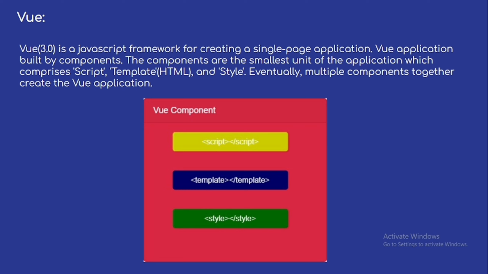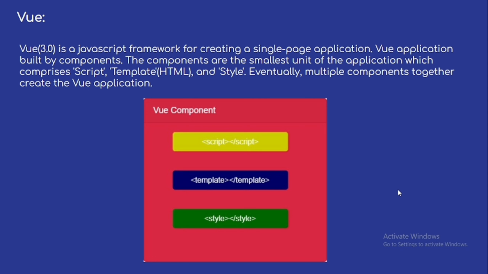Okay, Vue applications are built by components. Components are the smallest unit of an application, which comprises script, template and style. Eventually, multiple components combined together form the Vue application. Here you can see the diagrammatic representation of the component.